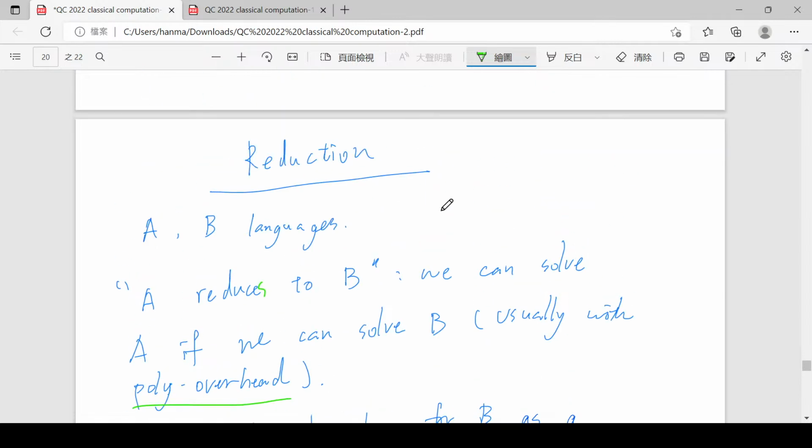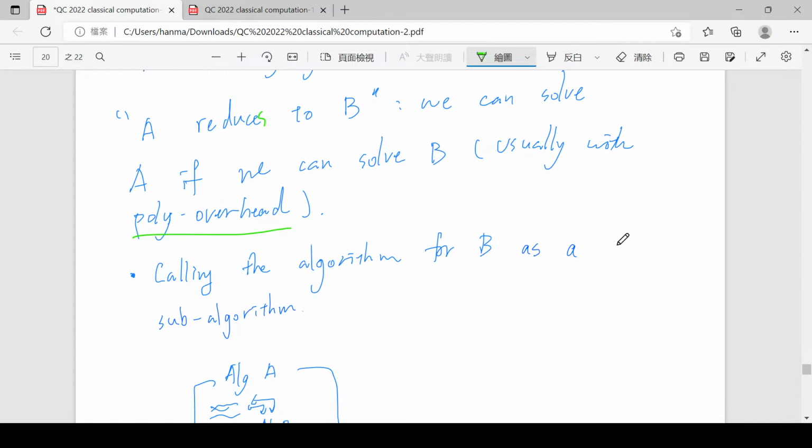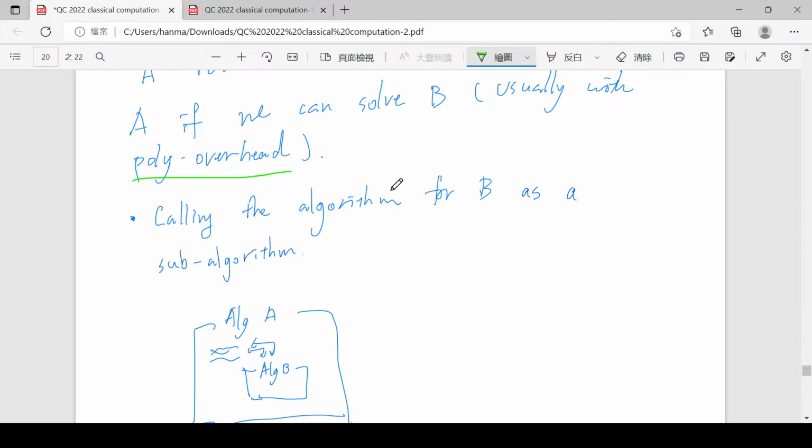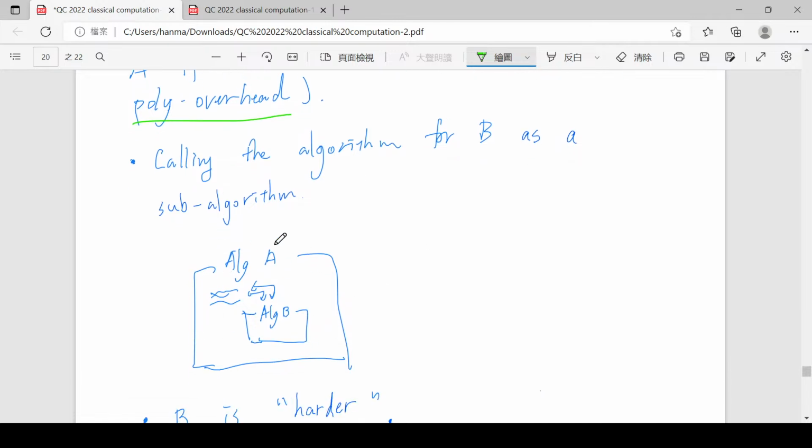And in terms of algorithm, this means that if we have an algorithm that solves the problem B, then we can have an algorithm for A pretty efficiently. So we won't have a polynomial number of lines, but there is an algorithm for B as a sub-algorithm inside this algorithm.